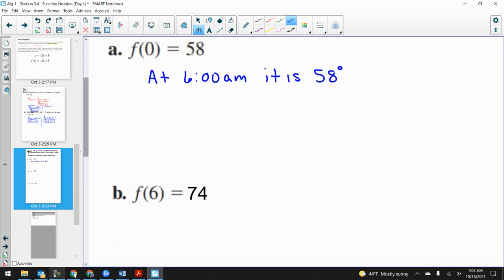Okay. Now, what is my time? What's my t? 6. Right? So t equals 6. What does that mean in our context? When did we start observing the temperature? At 6 a.m. So after 6 hours, what time is it going to be?